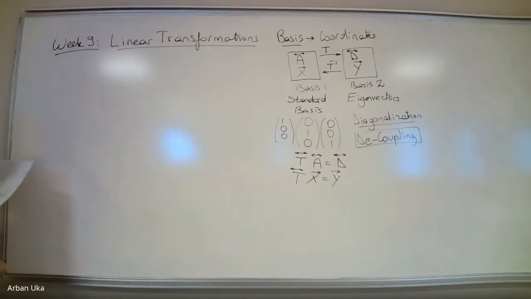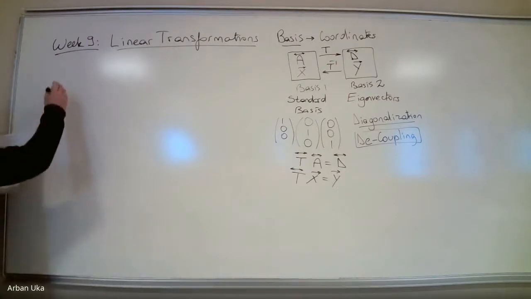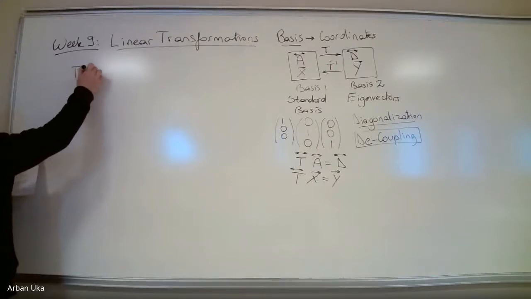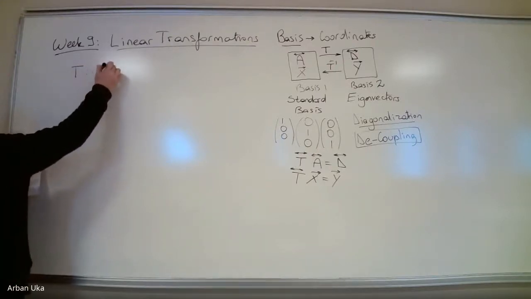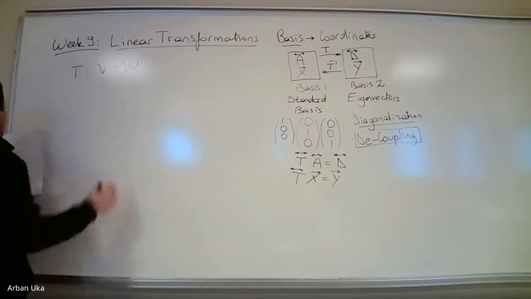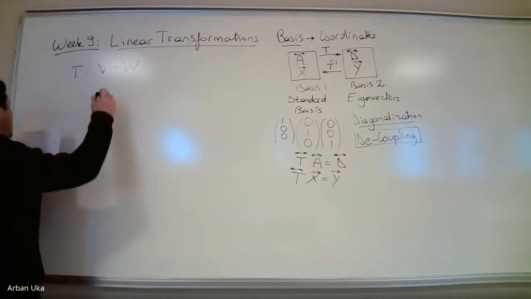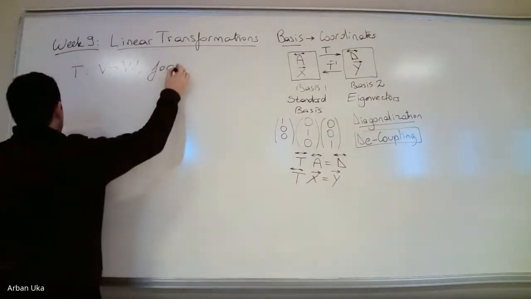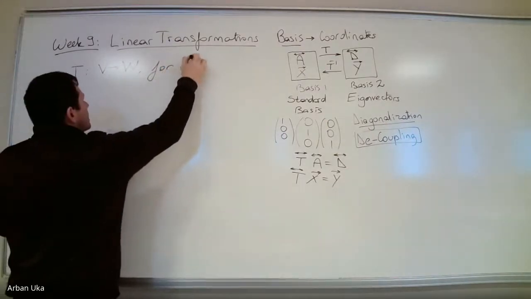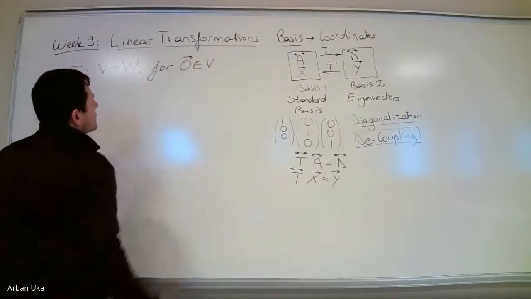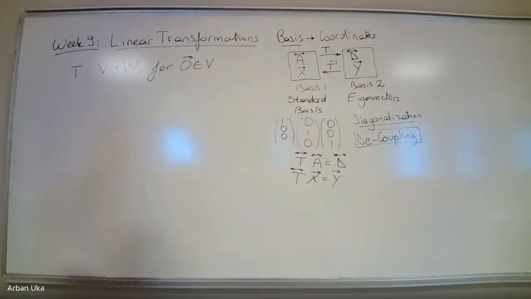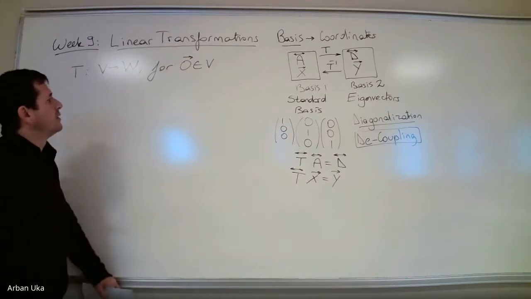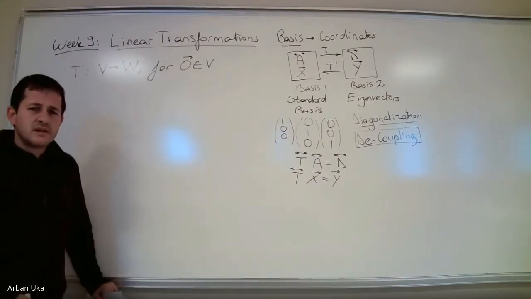So we're going to talk about linear transformations, and linear transformations are defined as any T which is defined from a vector space V into another vector space W, and we should also have the zero in this vector space V. So we can see that often we like to have the zero in the vector spaces that we are discussing.